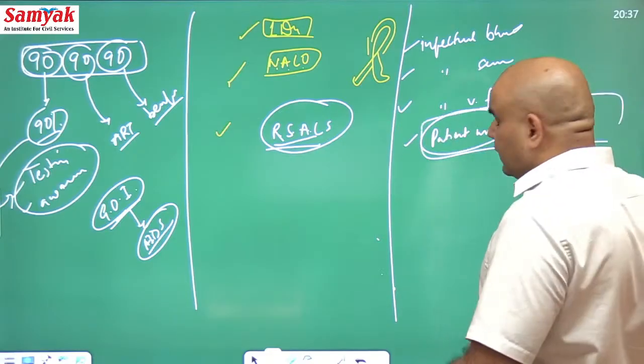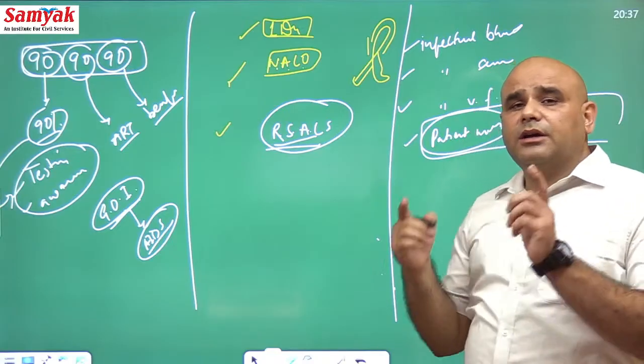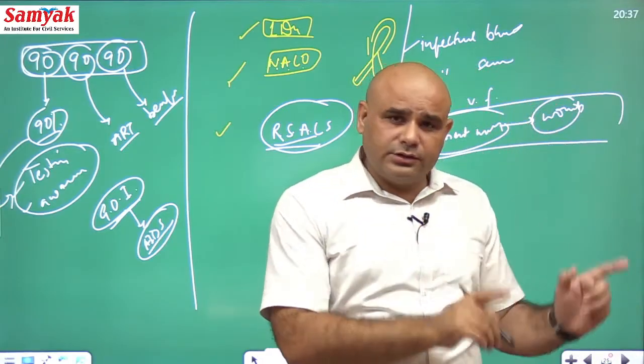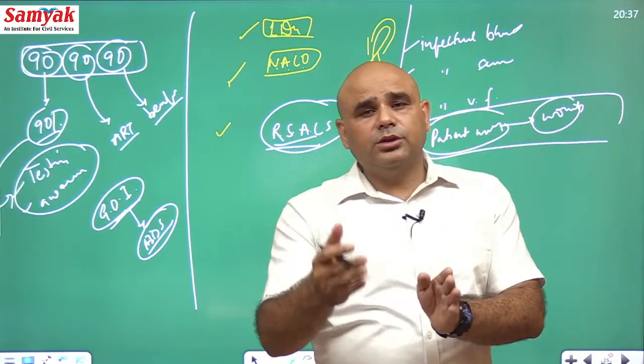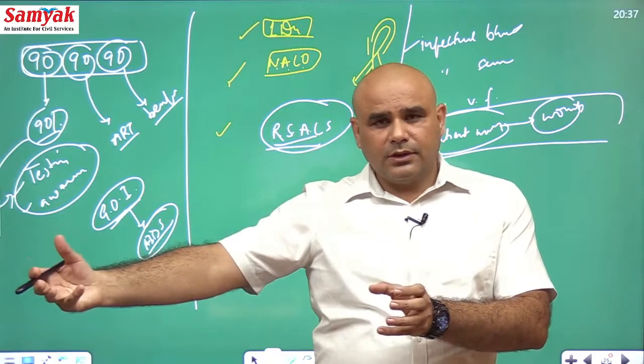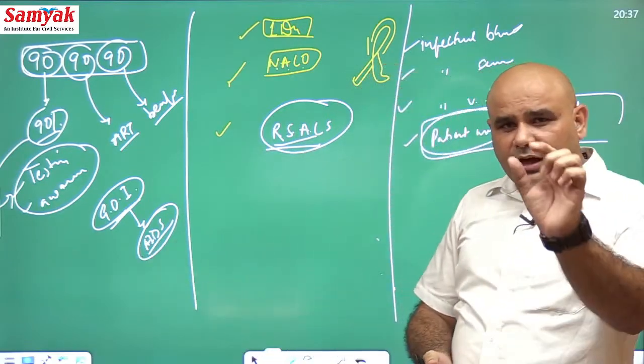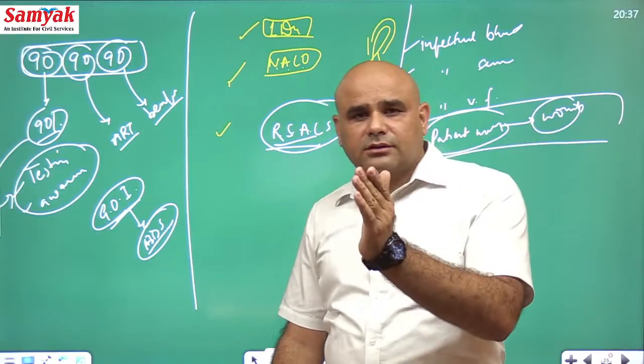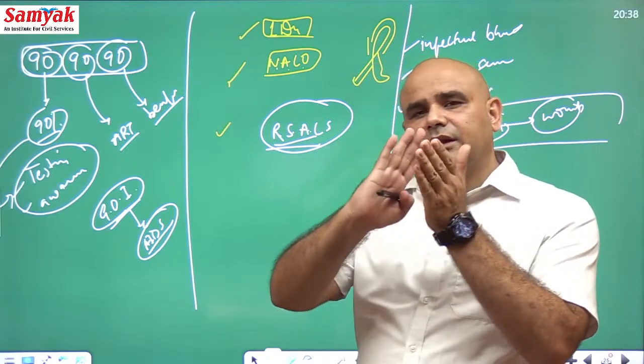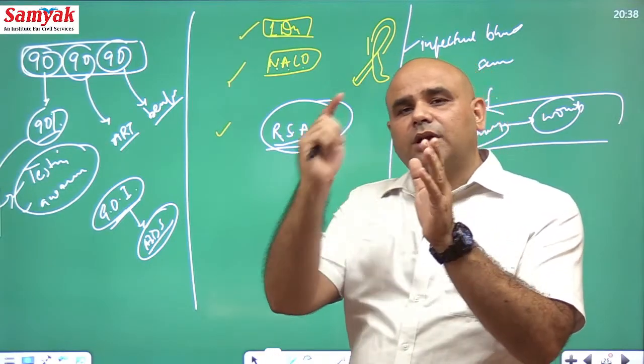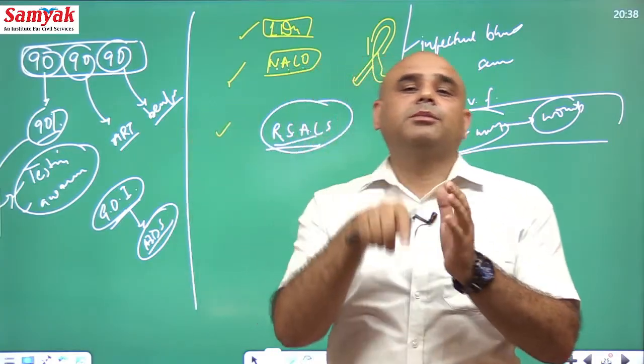Always remember one thing, it is possible that a lady who is HIV positive can give birth to a healthy baby. How is it possible? The placenta contains a filter, a barrier, so that barrier will not allow the HIV to enter into the baby.